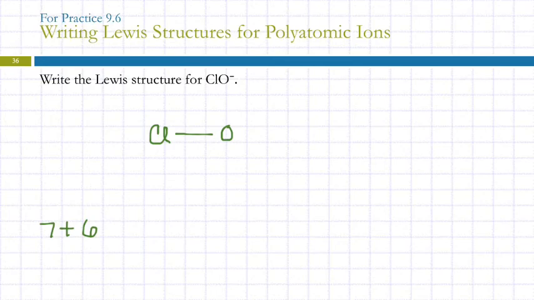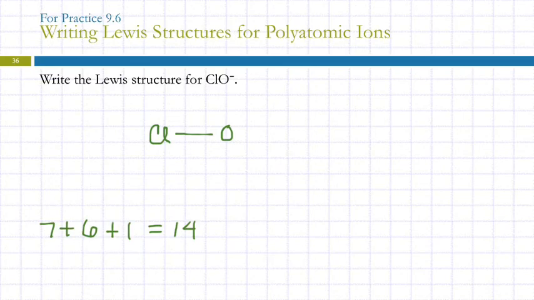So we see the -1 and we want to subtract, right? But we have to add an electron because we're adding a negative charge. So 7 plus 6 plus 1, I'm pretty sure that's 14. It's okay to use your calculator. We just want to get the correct result. I don't care how you get it exactly.